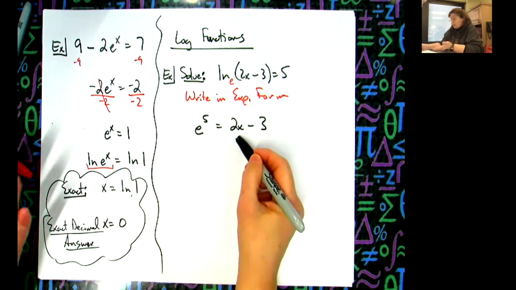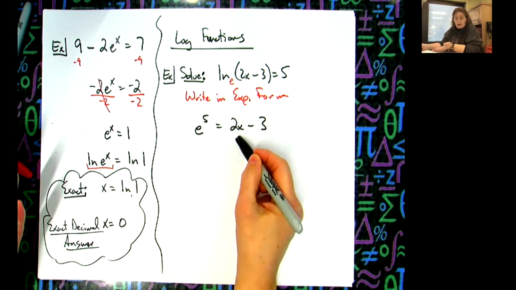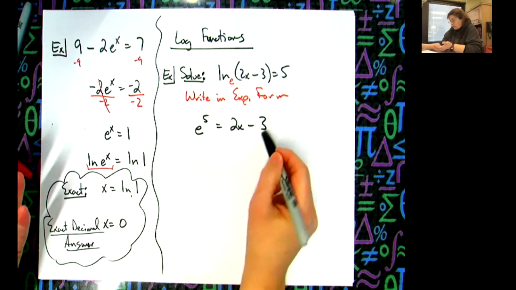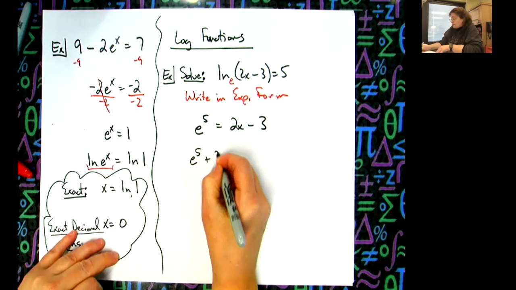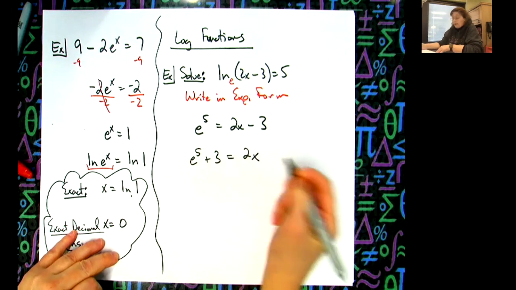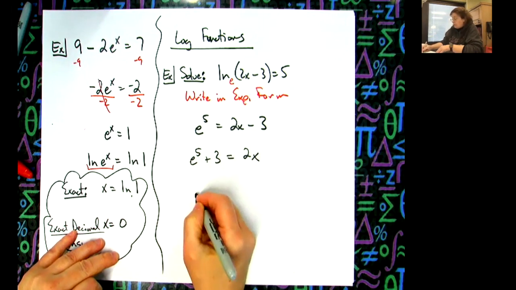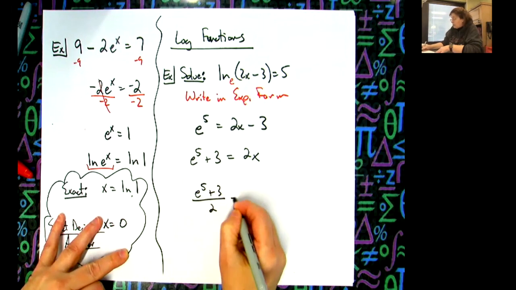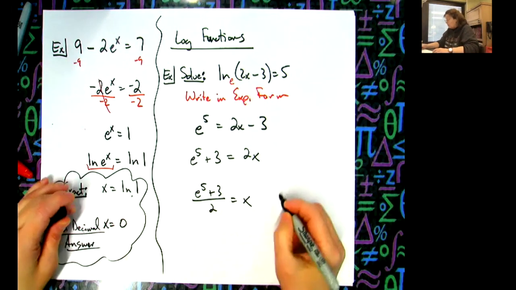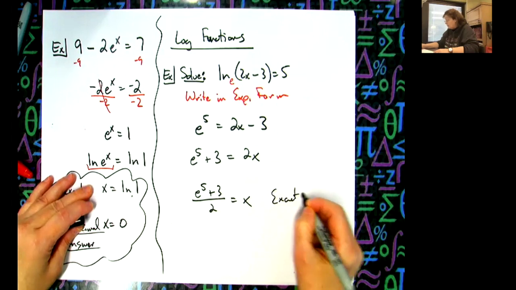So really, that's a two-step equation. I'm solving for x, so I'm going to leave it in this form. I'm going to add 3 to both sides, so e to the 5th plus 3, and then divide both sides by 2, so e to the 5th plus 3 all over 2. Again, that would be the exact answer.